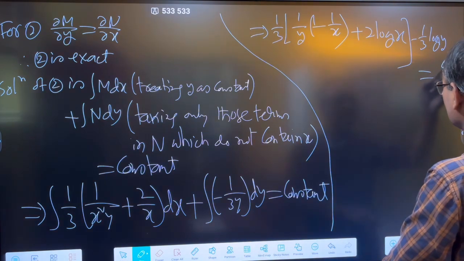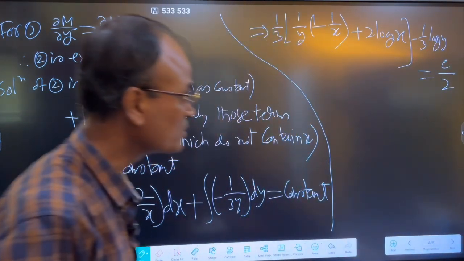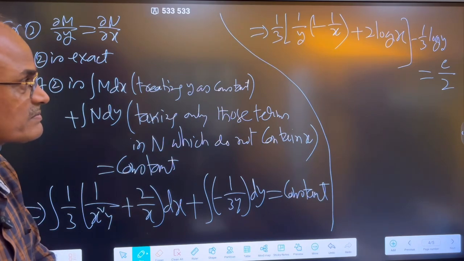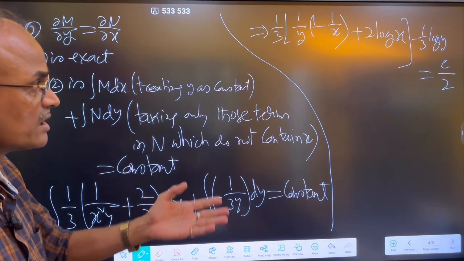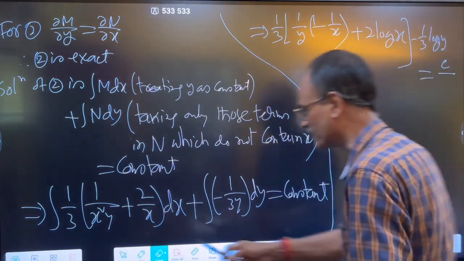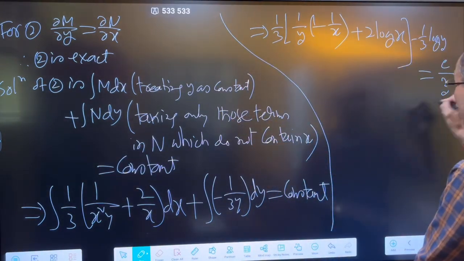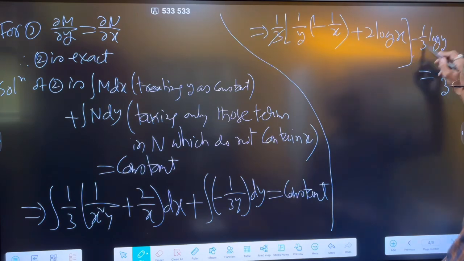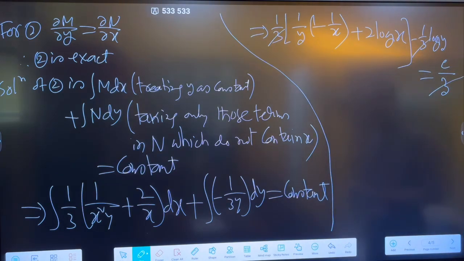This is equal to c by 3. Now 3 will be cancelled from all sides. This is equal to constant.